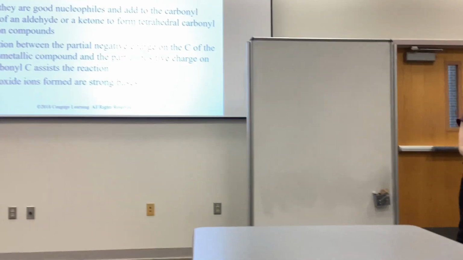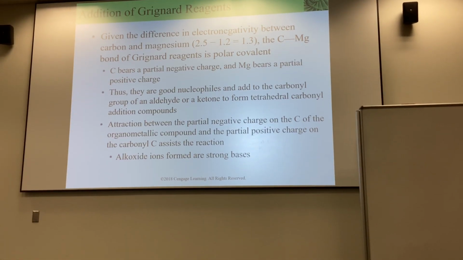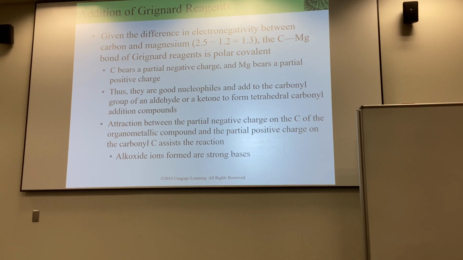Grignard reagents. This is basically, given the difference in electronegativity between carbon and magnesium, a polar covalent bond.